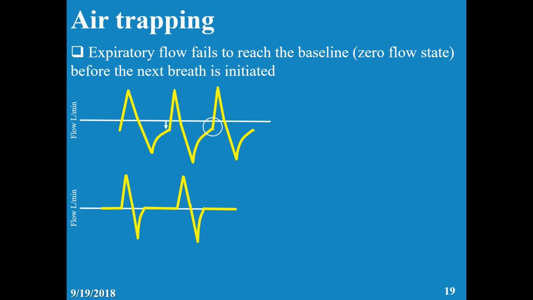And if there is air trapping, what does that mean? Which diseases cause air trapping? Pneumothorax? No, pneumothorax does not cause air trapping. Emphysema? COPD? Chronic obstructive pulmonary disease is an adult problem.